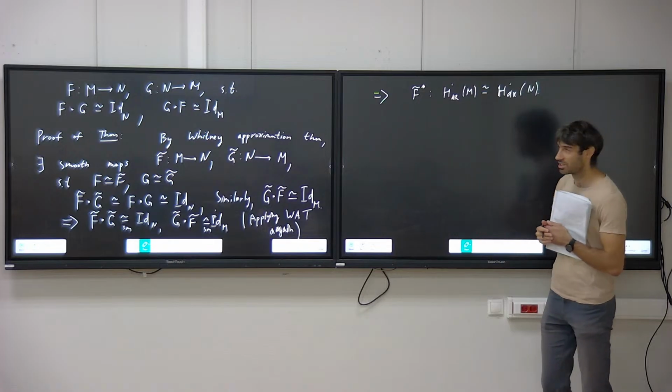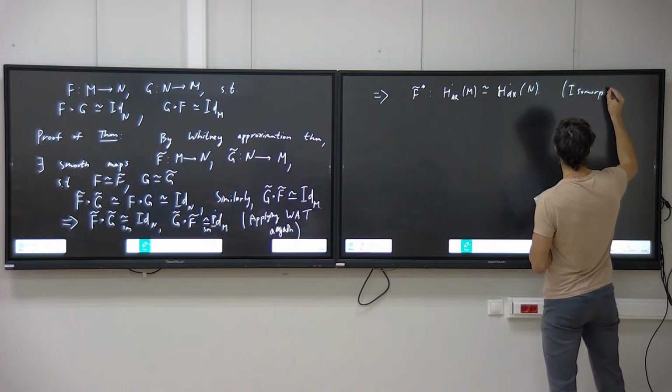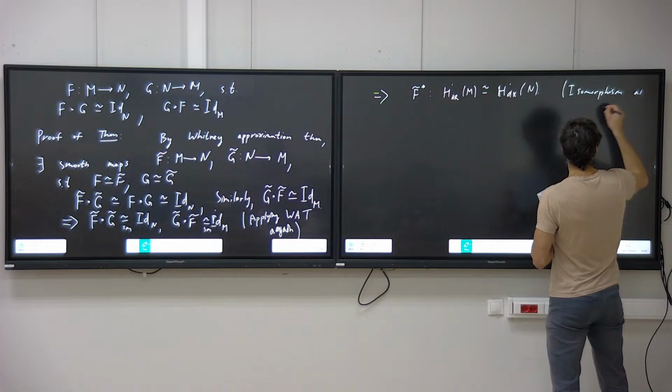It's not just an isomorphism, so isomorphism as graded spaces. Yes, graded spaces.